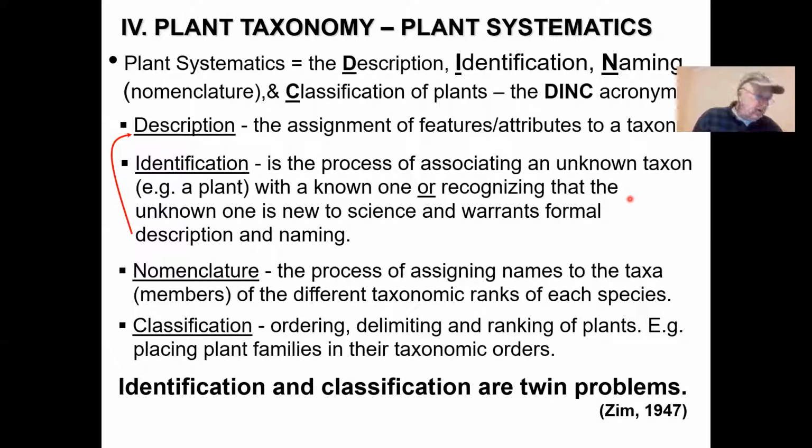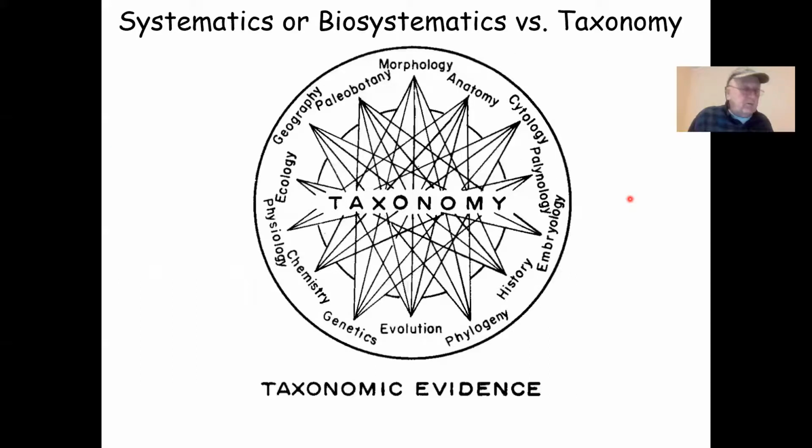So that's what he's trying to say. Every definition classifies and identifies, because that definition talked about plants, but it separated the tree from other plants. That's what he was trying to say, that classification and identification are twin problems.